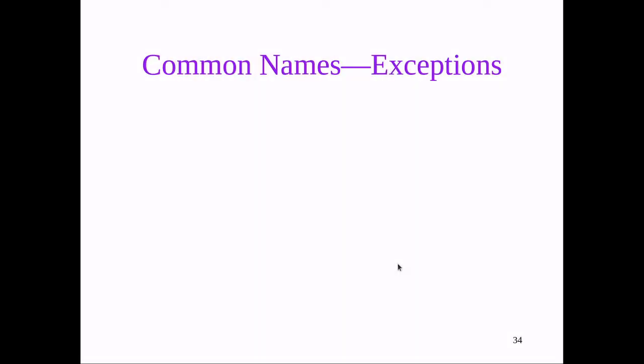The exceptions to the rules come in the form of what we call common names, things that have just been around so long that we have established names for them. For instance, H2O, if we called it by the proper naming convention, would be dihydrogen monoxide. But we don't call it that. We just call it water, steam, or ice, depending on its phase.